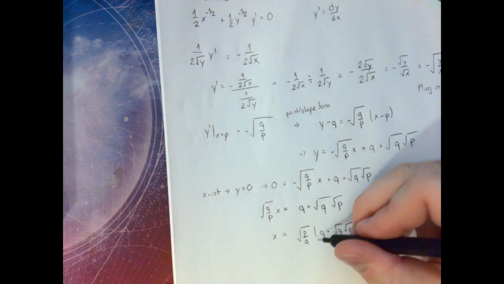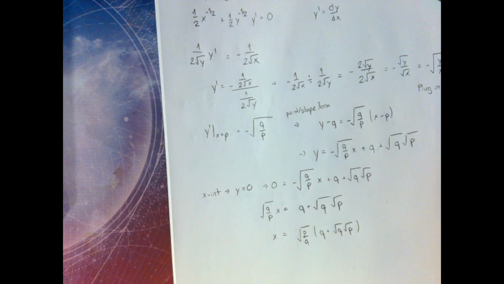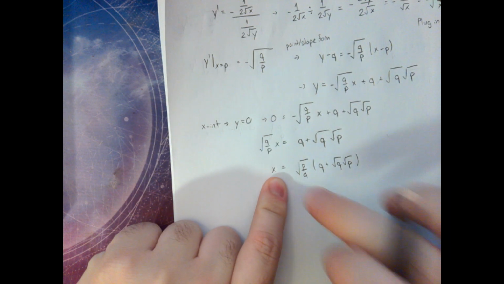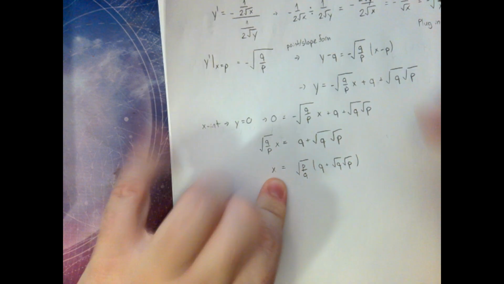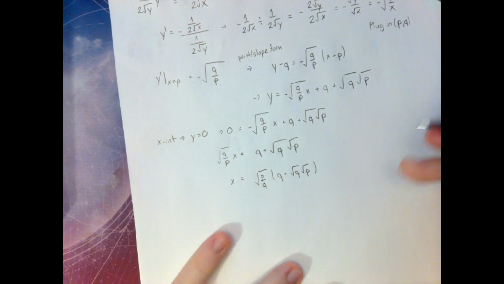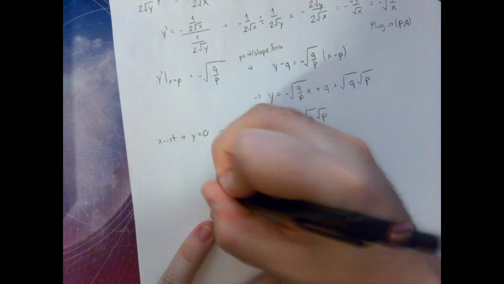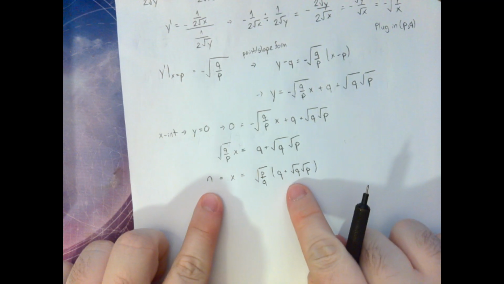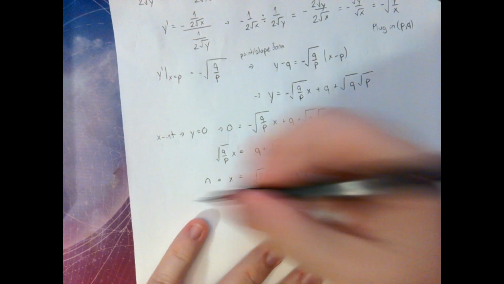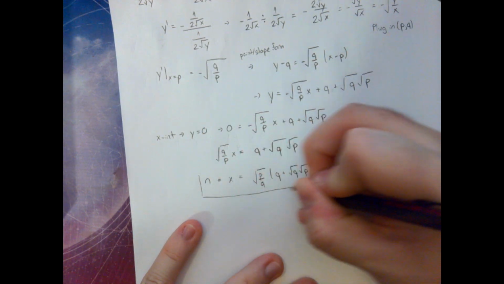Obviously, you're welcome to just write divided by and then this radical, but this way I don't end up with a fraction, so it's a little cleaner. So my x value, specifically for this point, remember, is n. So this equation is also the same thing as writing n is equal to all of that, right? I could write out the equation again, but it's just a waste of space. So this would be my first equation over here.